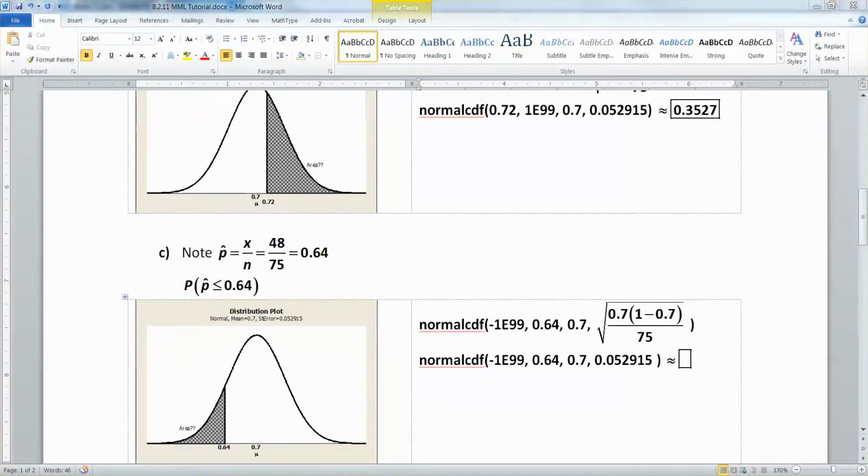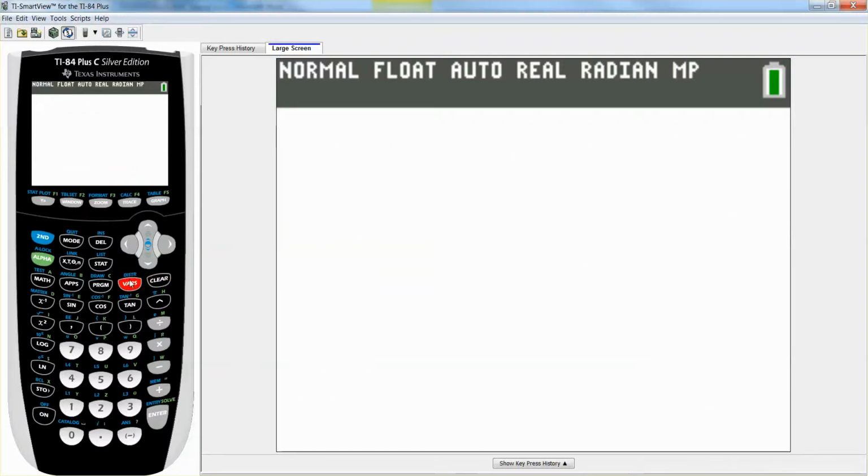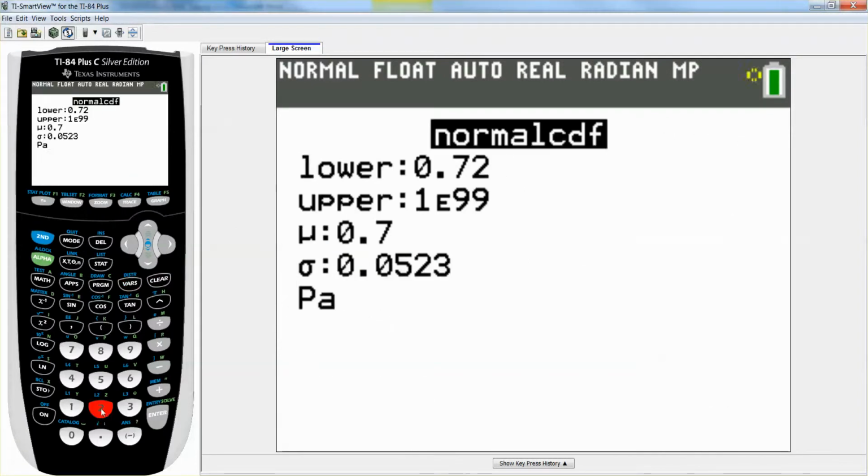All right, so let me go grab the calculator. I'm going to clear all this out just because it's getting kind of confusing here. So number 2, normal CDF, from -1E99. Don't forget to use the negative symbol down here at the bottom. 1 second, comma, 99, then 0.64. 0.7 is correct, but I don't want to use this 0.05.